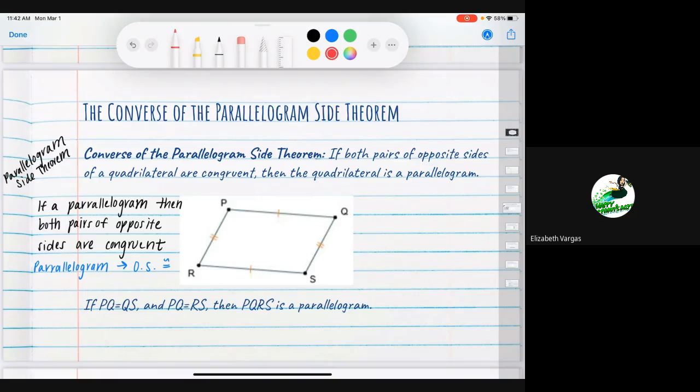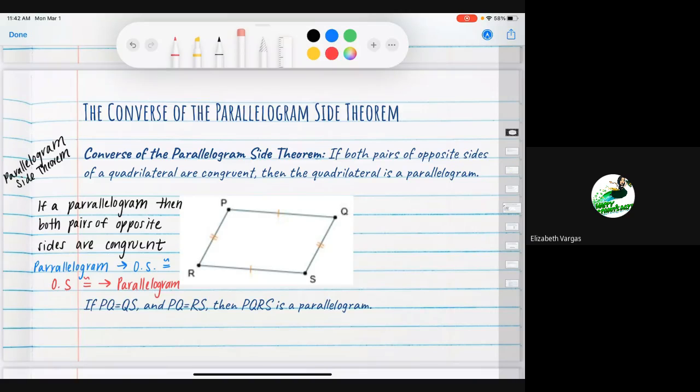And so the converse of the parallelogram side theorem states, if both pairs of opposite sides are congruent, then the quadrilateral is a parallelogram. So what it does is it switches the hypothesis and the conclusion, thus creating a statement that will allow us to determine if a quadrilateral is a parallelogram.